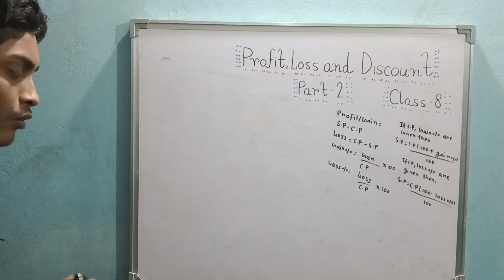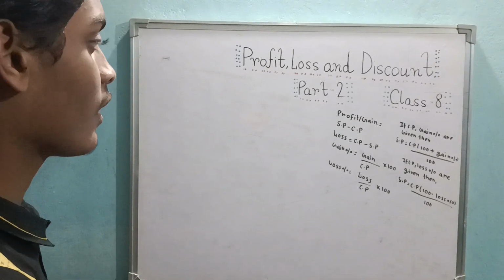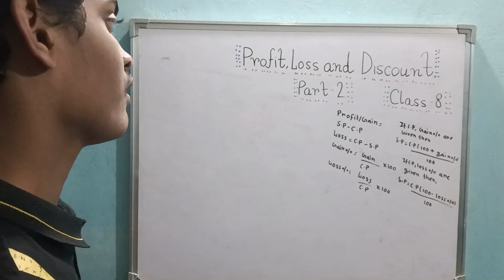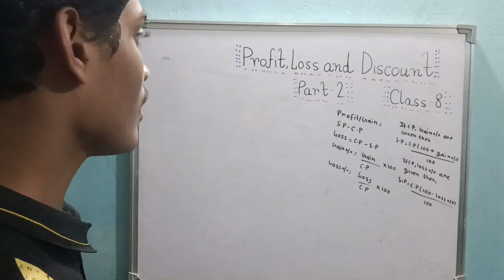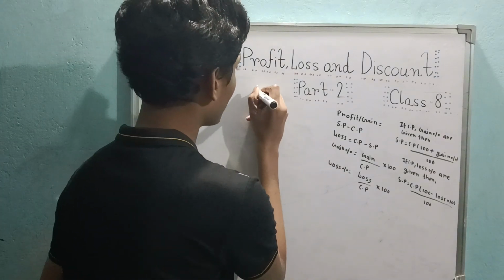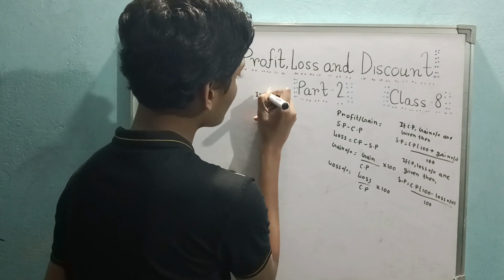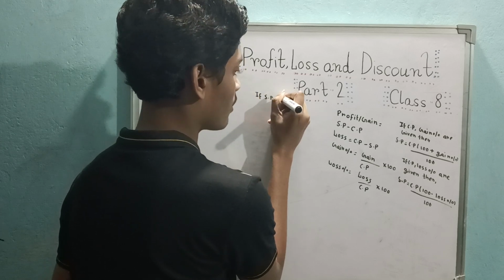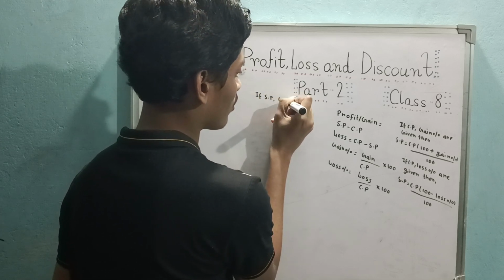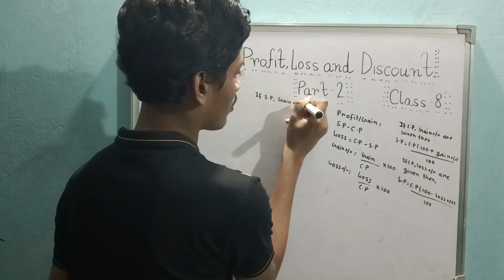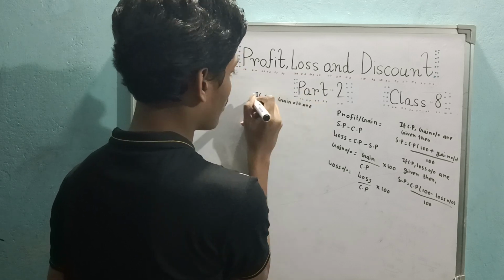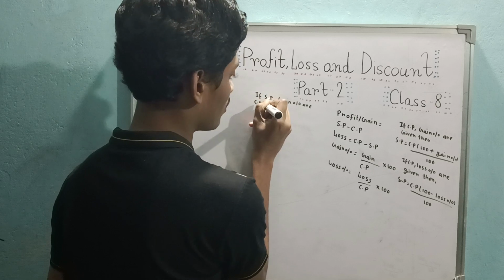We have already seen that using the percentage conversion. But this story doesn't end here. Suppose SP, gain percent are given, then what is CP?